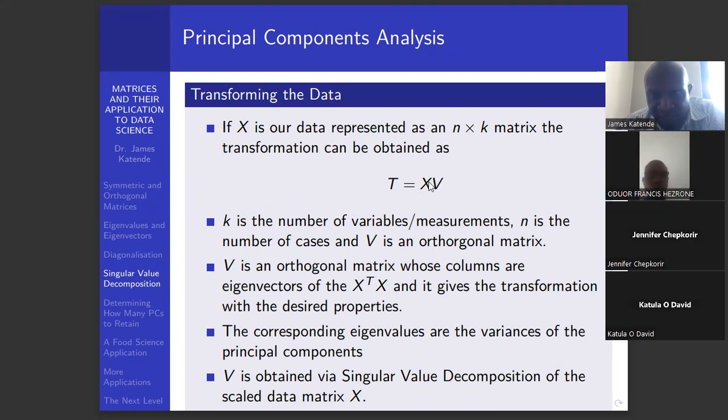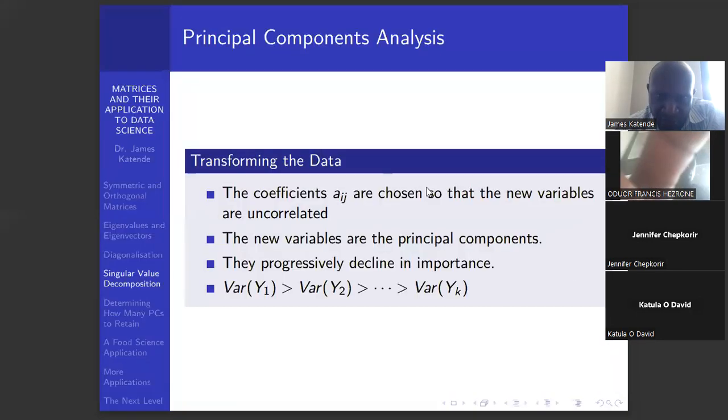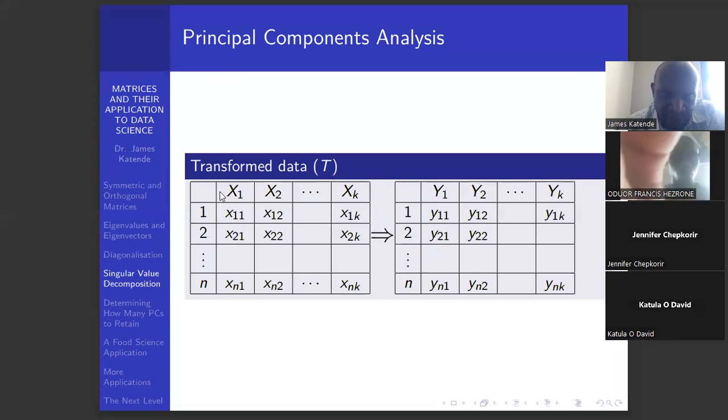So this matrix V is simply obtained as it contains the eigenvectors of this product, X transpose multiplied by X. Usually the units of measurement for these variables will be different. Some may be way larger than the others.